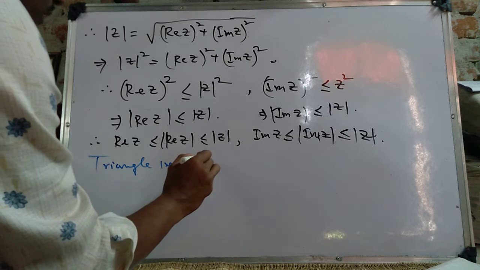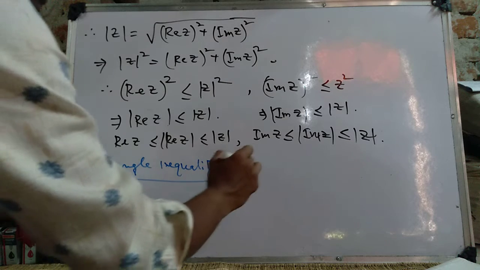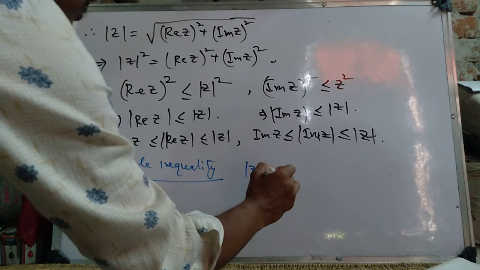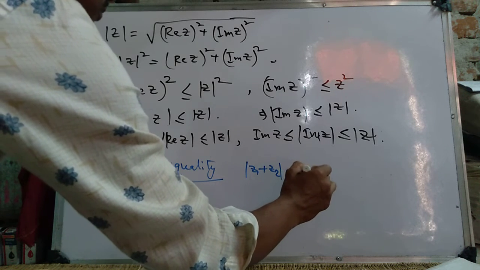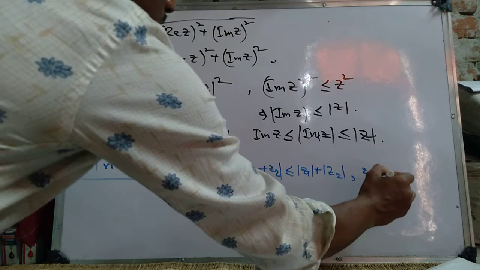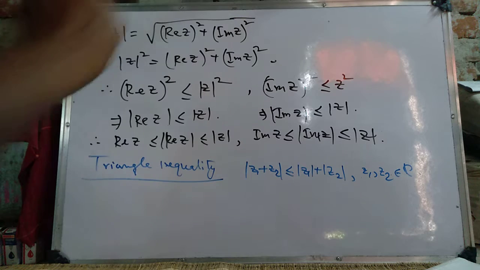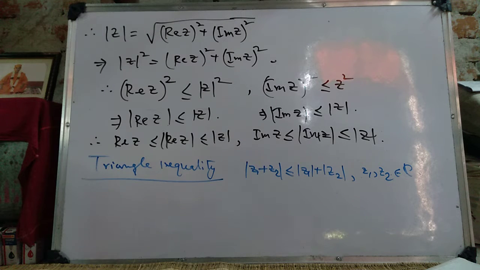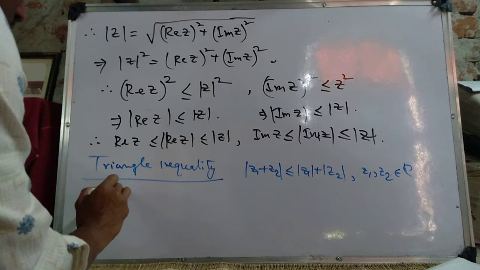That means mod of z1 plus z2 is less than or equal to mod of z1 plus mod of z2, where z1, z2 belong to C. Then how this one is the triangle inequality, and how we develop this one is too easy. We also check it.